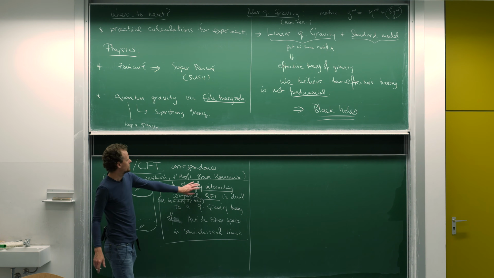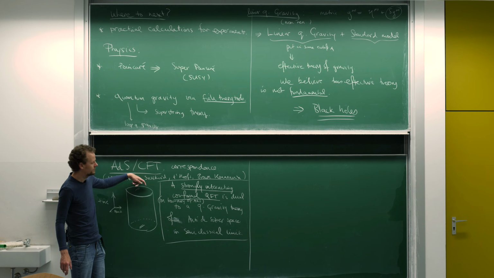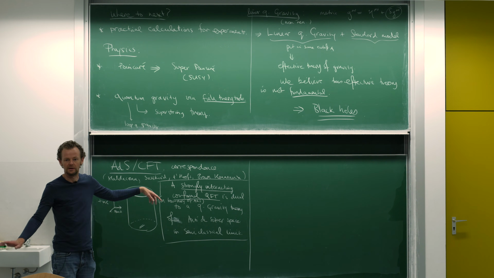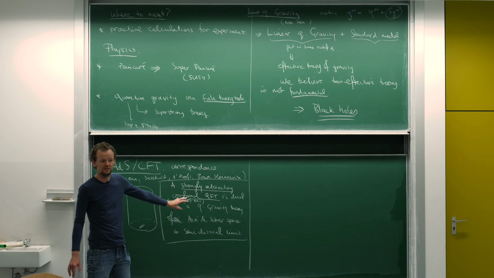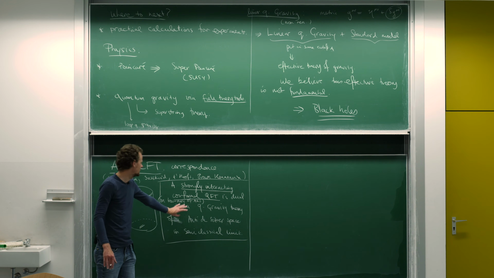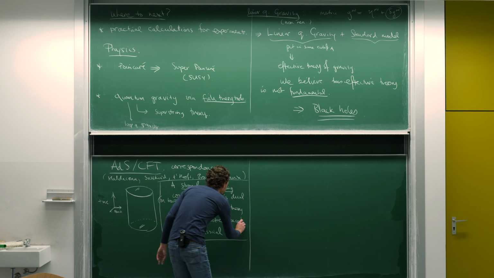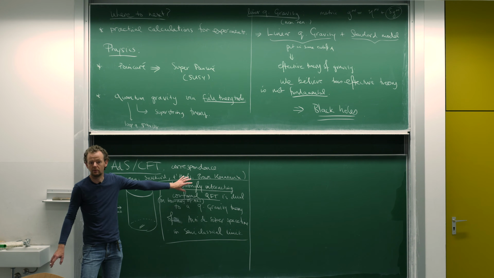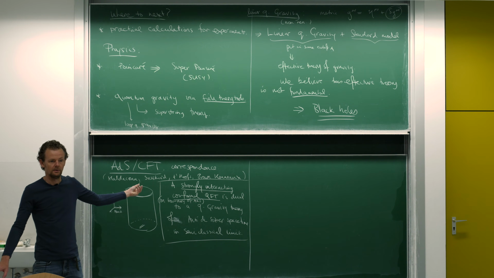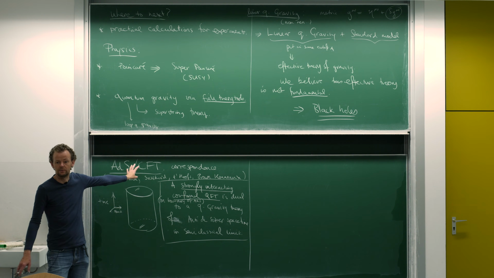So to every strongly interacting quantum field theory that we think of as living on the boundary of an AdS space-time, about which you need not know either to appreciate what's being said with this correspondence, we say that such a strongly interacting quantum field theory is dual to this quantum gravity theory. We see this now as one interpretation: this is a definition of what a quantum gravity theory is. A quantum gravity theory of anti-de Sitter space-time is now understood. It's now understood how to build such a thing just from a quantum field theory. So the answer to the question, what is quantum gravity, according to this correspondence, is it's just quantum field theory.